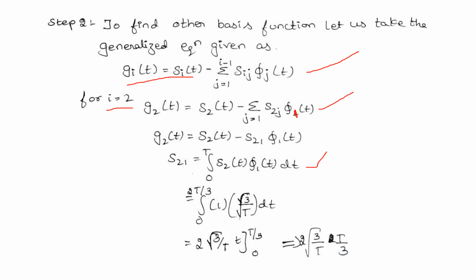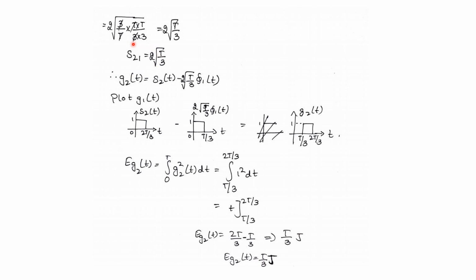By solving this integral, I am getting the value 2 into root of 3 by T into T by 3, and after further simplification, I am getting s21 is equal to 2 root T by 3. Substituting this value in the generalized equation, I am getting g2 of t is equal to s2 of t minus 2 root T by 3 into phi 1 of t.